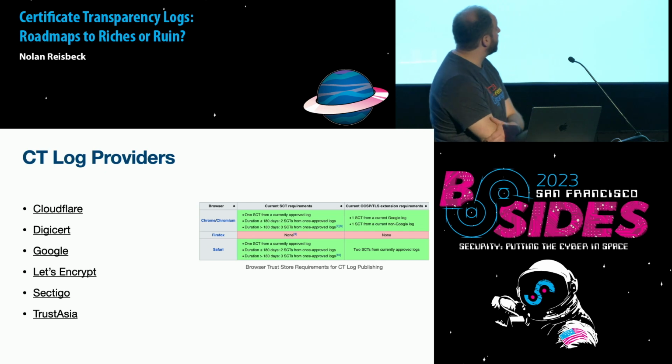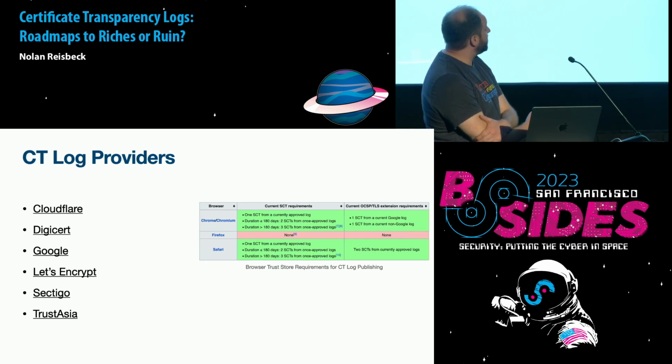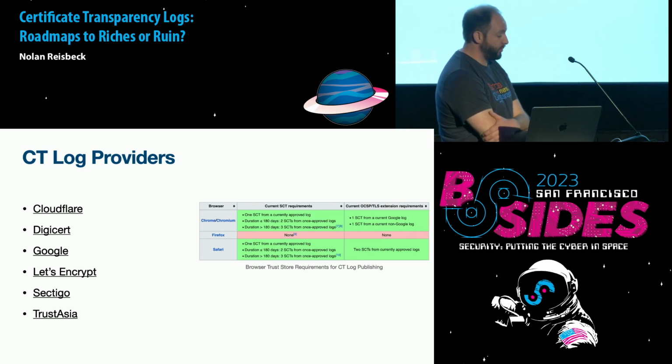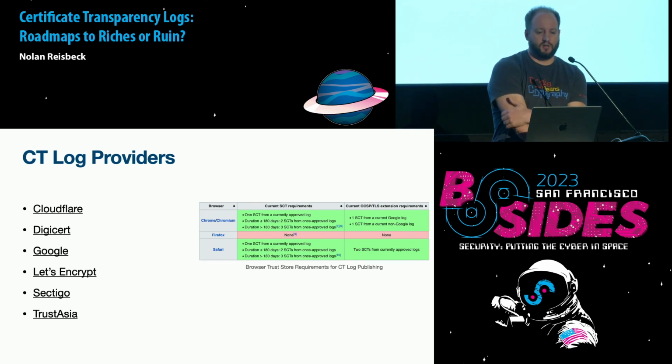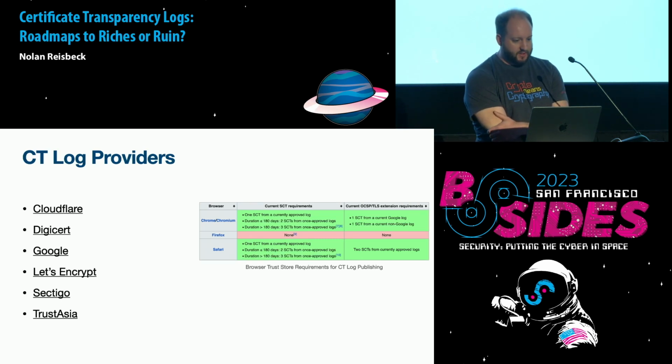We have over here the certificate timestamp requirements. So in order for a certificate to be trusted in the Chromium browser, the SCT has to be published to at least one log.